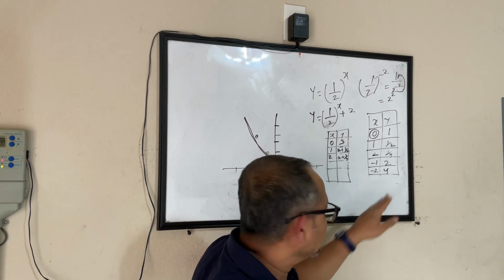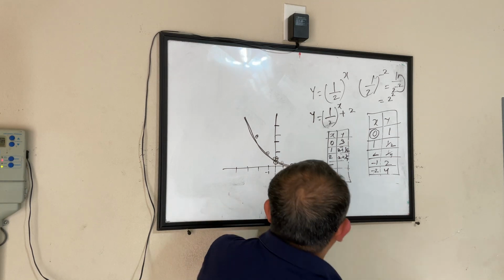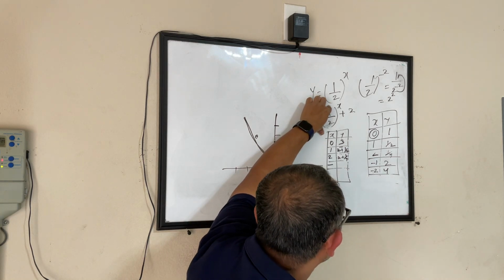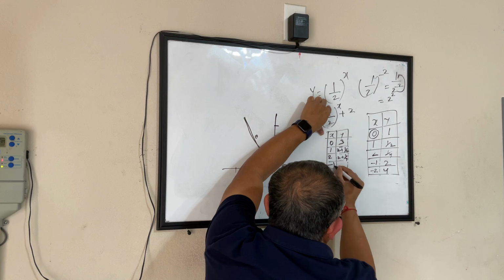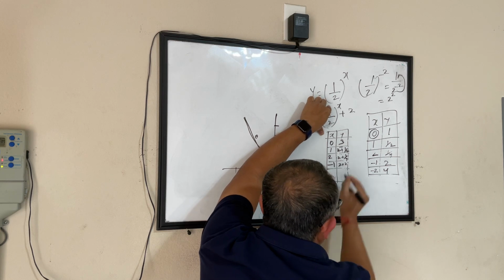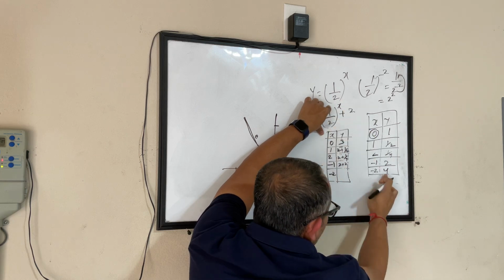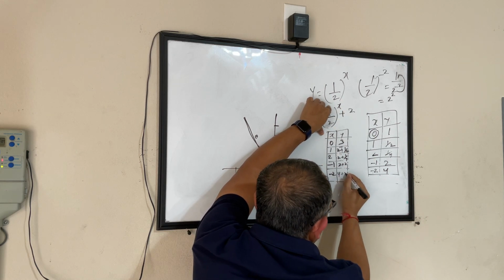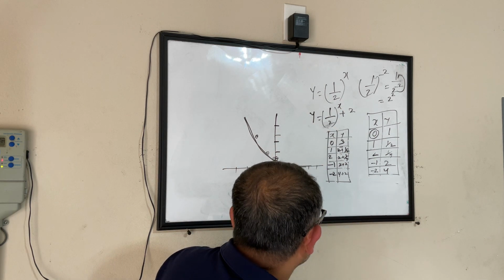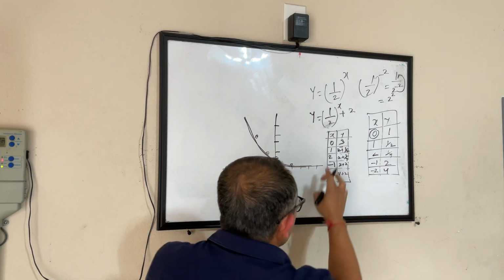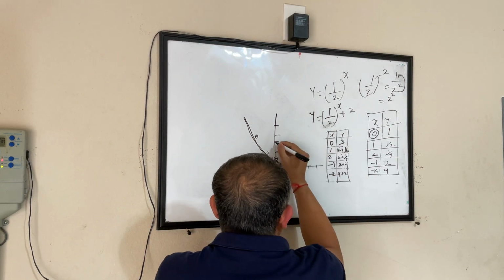When I go for minus 1, this becomes 2 plus 2. When I go for minus 2, this value doesn't change. Whatever you have, plus 2. Now let's try plotting it. And what do we see is when I have 0 and 3. So this is my first point.